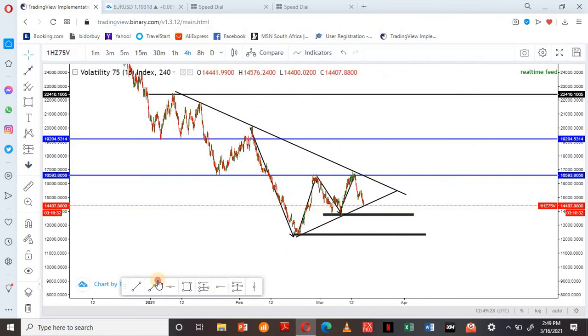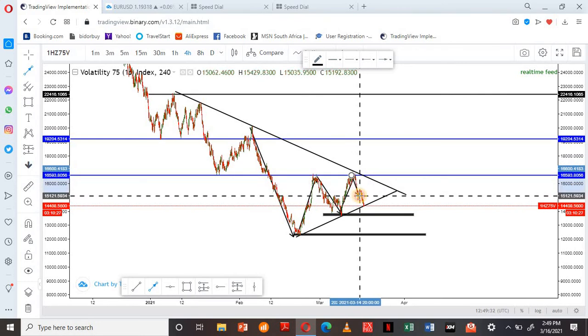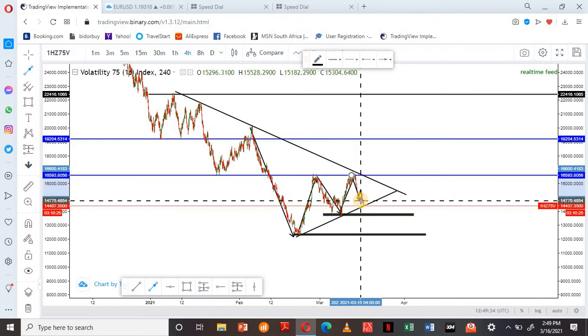So we had our setup there, and now we had an impulse move, correction.